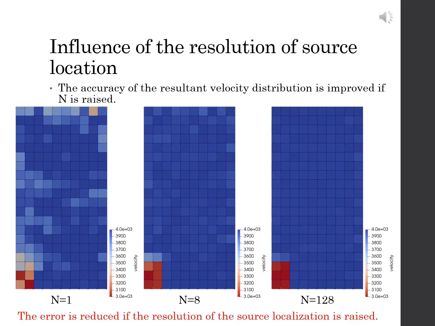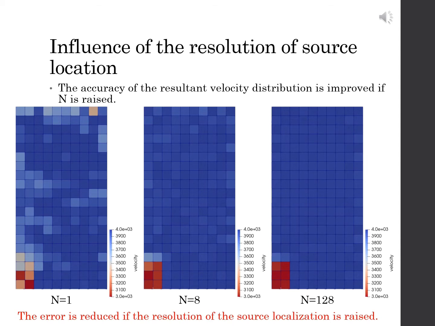This slide shows the resultant elastic wave velocity distributions with different resolutions of source locations. There are three figures on this slide. The left figure shows the resultant elastic wave velocity distribution in which the resolution of the source location is 1 meter.